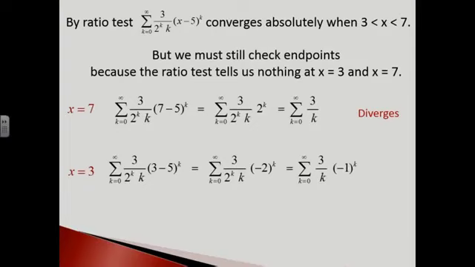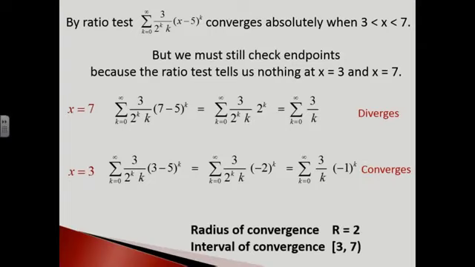Reducing 2 to the power of k, we get sigma of 3 divided by k multiplied by (minus 1) to the power of k. This is an alternating series. 3 divided by k is decreasing and converges to 0. So, it converges by the alternating series test.